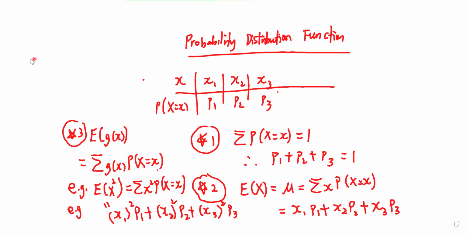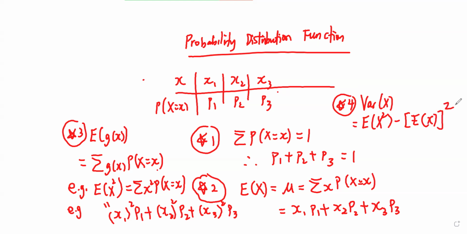Concept 4, finally, the more relevant result will be the variance of x, which will be equal to the expectation of x squared minus the expectation of x, whole thing squared. To summarize, these are the 4 important formulas for probability distribution functions.